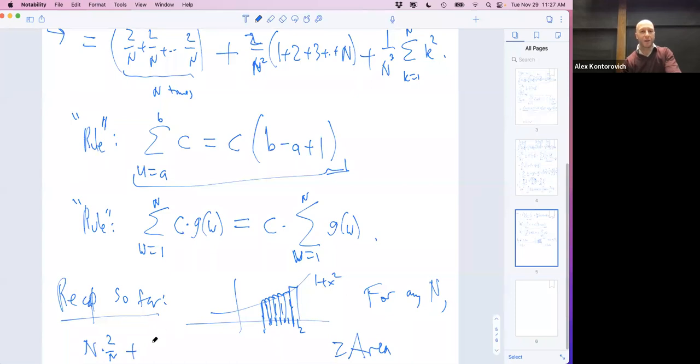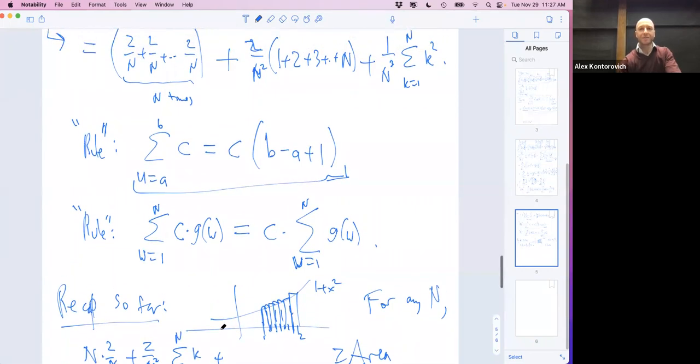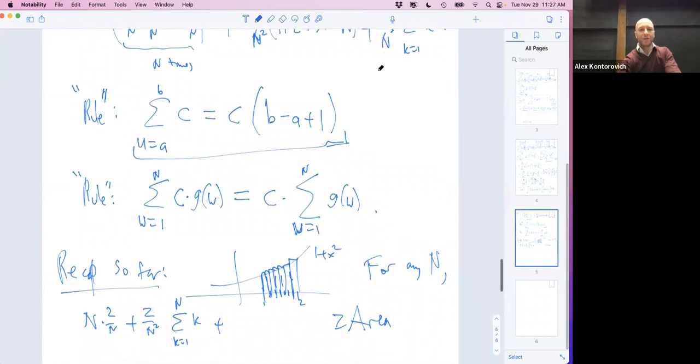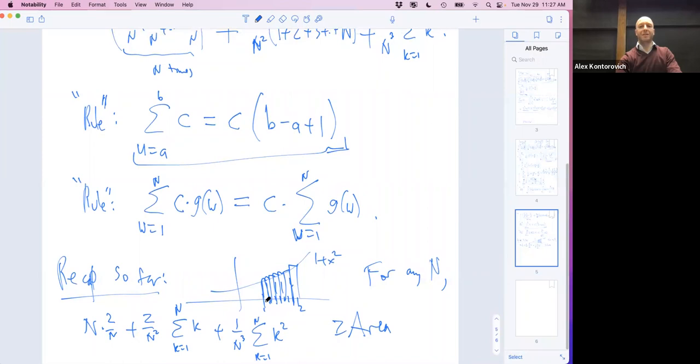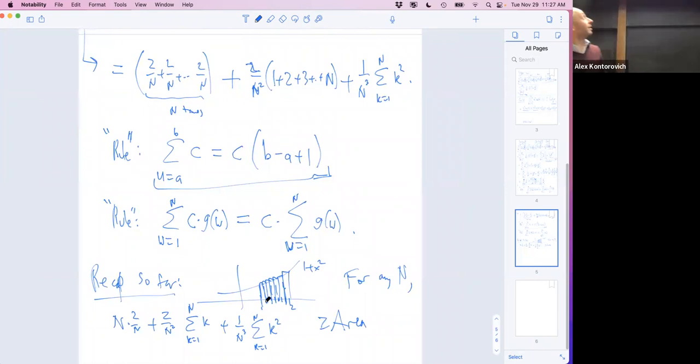Plus 2 over n squared times the sum of k, the sum of the first n integers, as k goes from 1 to n, plus 1 over n cubed times the sum of the first k squares. Does that make sense? Can you guys see that?